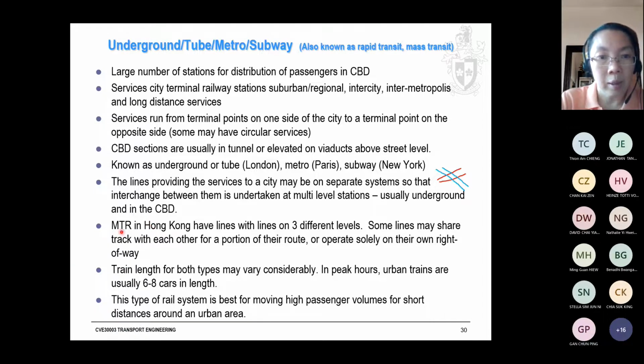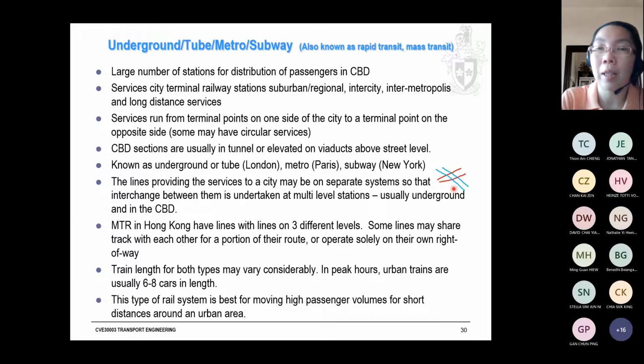Yeah, in Hong Kong, it's known as MTR, Mass Transit Railway, something like that. They have lines on 3 different levels. Some lines may share track with each other for a portion of their route or operate solely on their own right of way. And imagine for this, we are in a transport class, so we are only concerned about the route.